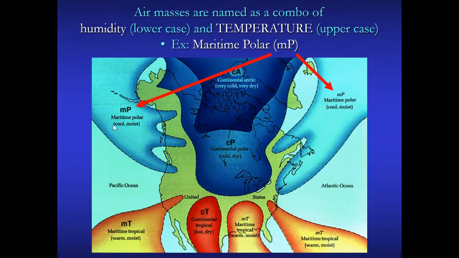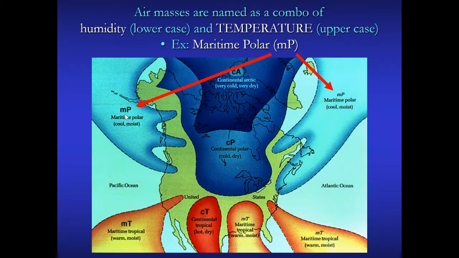Now, the air masses are actually named by a combo of the humidity and the temperature. So, for example, the air masses over the northwest in the Pacific Ocean or the northeast in the Atlantic Ocean, those are called maritime polar. And they're also abbreviated with letters, but they abbreviate the humidity first with the lowercase letter and then the temperature with an uppercase letter.